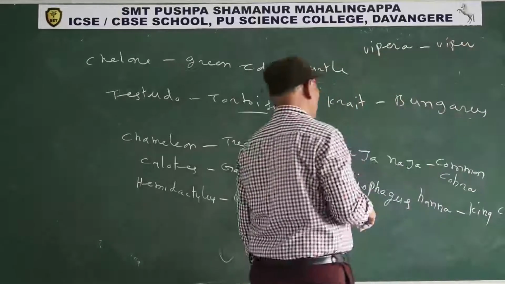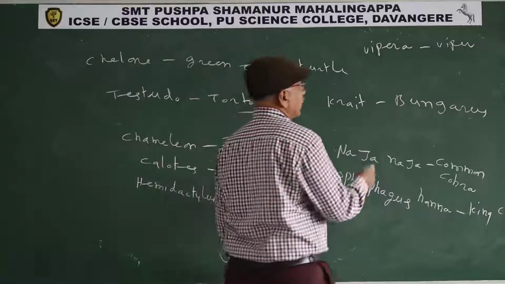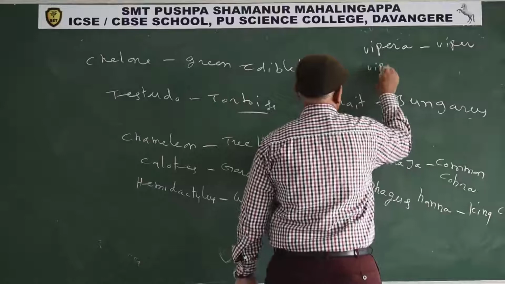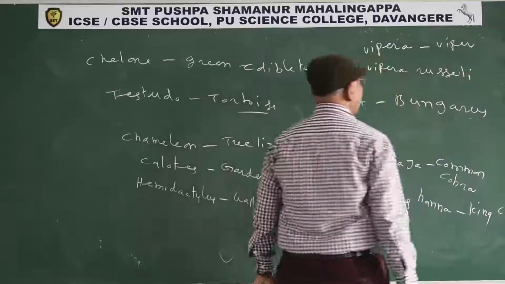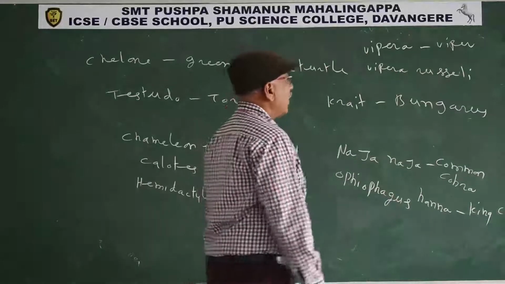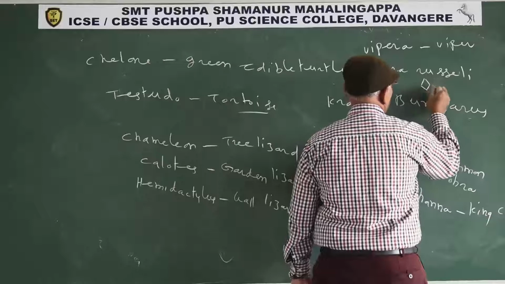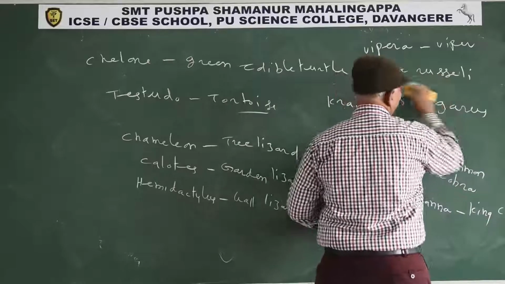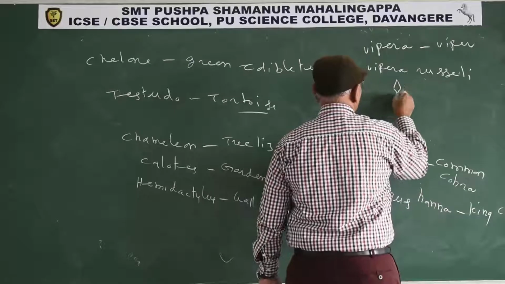Vipera is a viper. Truly it is the largest viper, known as Vipera russelli. Vipera russelli is the largest Indian viper. On the dorsal surface, 3 diamond-shaped rows, 3 diamond-shaped spots present in the form of chain.